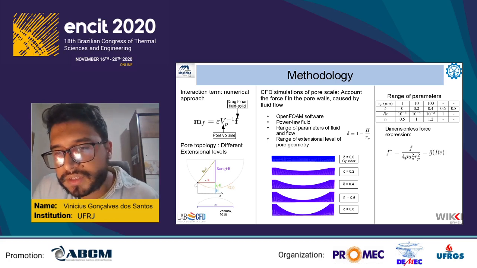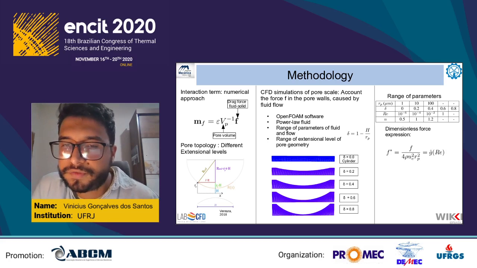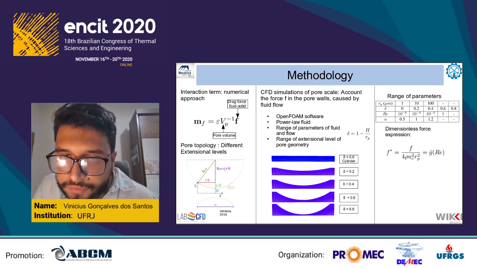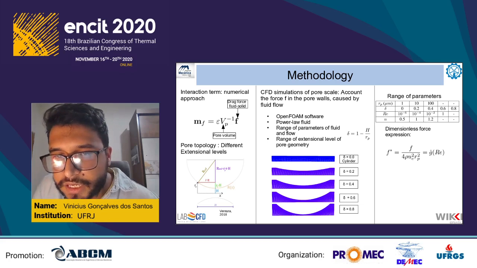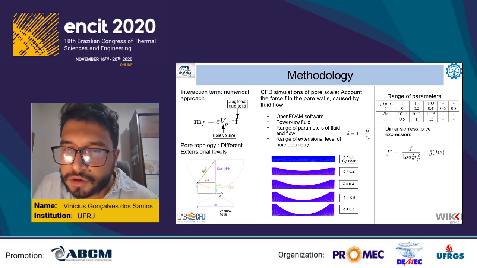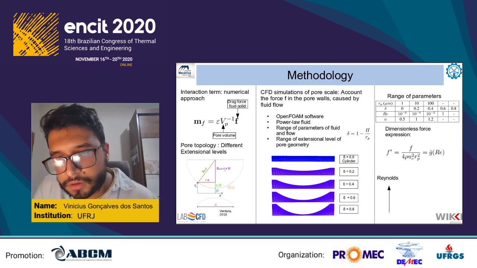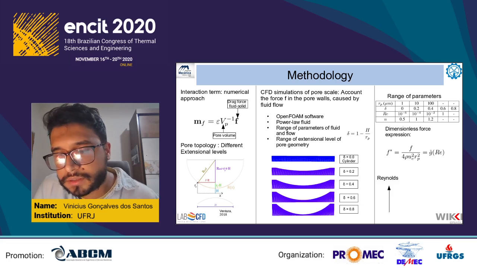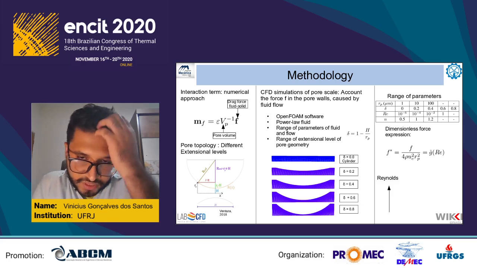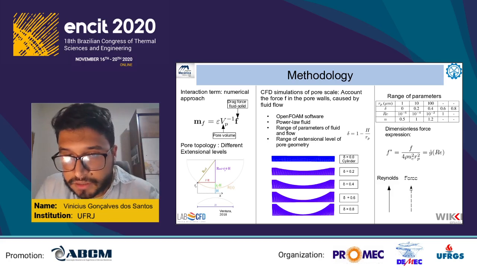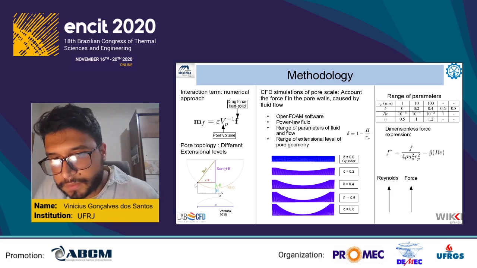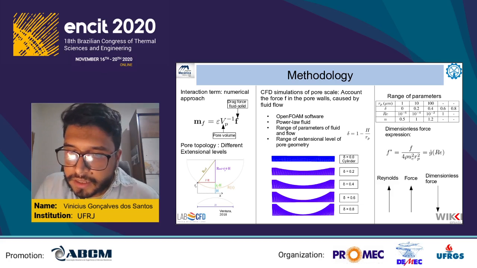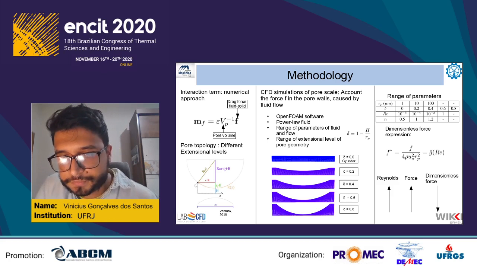We have a process of making the force value dimensionless, taking the force obtained and dividing by a group. When we see the results, if we increase the Reynolds number, it's expected to increase the force, and the dimensionless force has the opposite behavior.